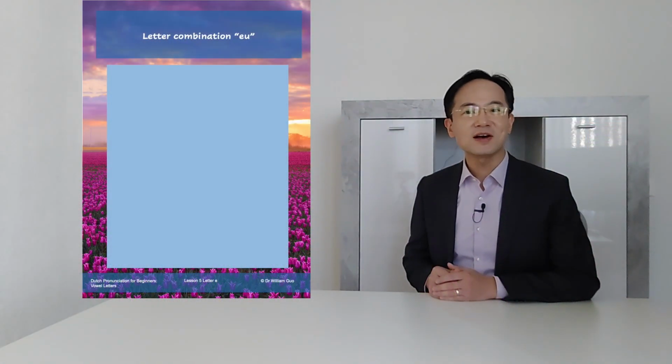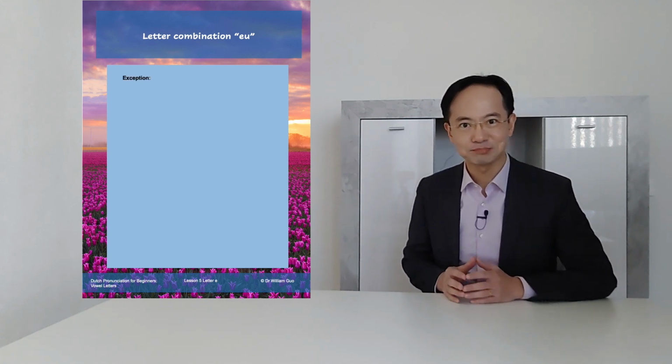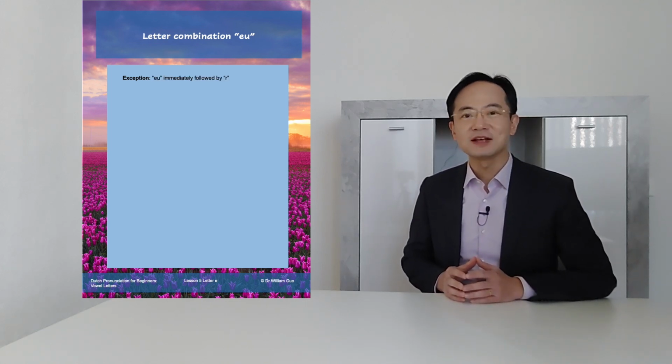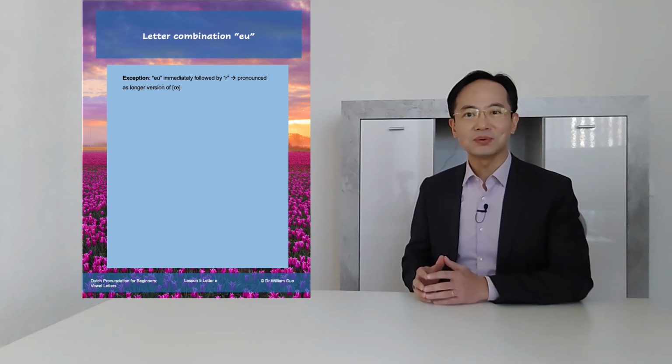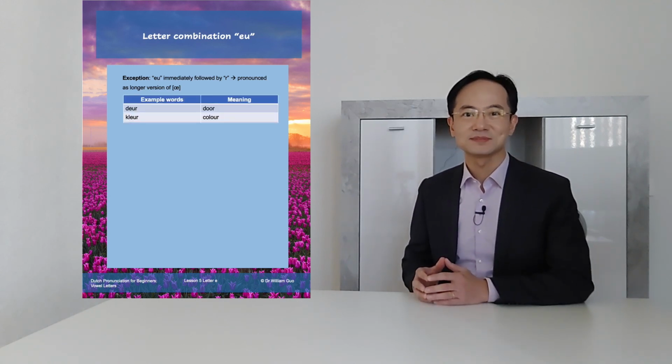Before moving on to the last rule of this lesson, I'd like to point out an important exception to the rule I just explained. If the letter combination eeuw is immediately followed by the letter R, then it's usually pronounced as a longer version of the vowel e. For example, deur, kleur, geur.